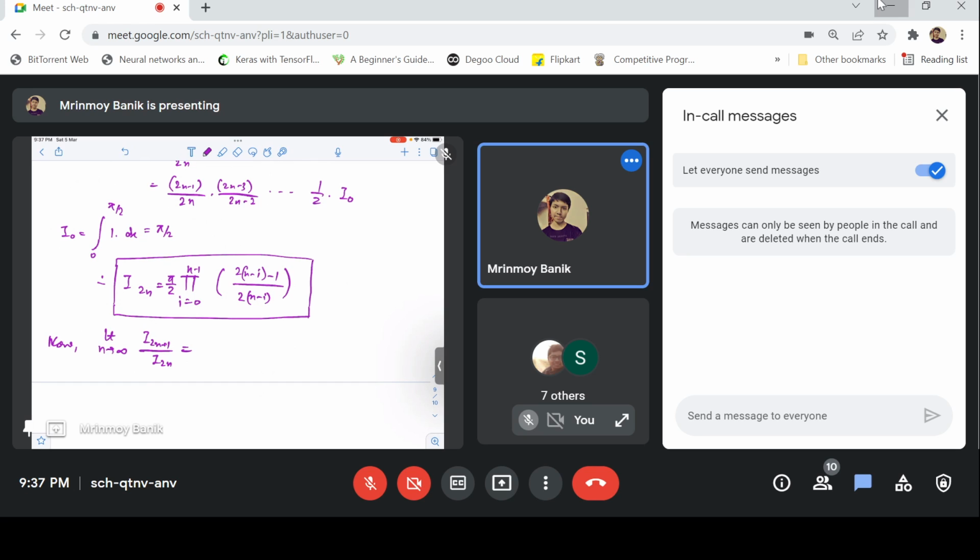Okay, so now we have to show it to be the limit of n. So now we have to somehow introduce e here. So let gn be equal to e power minus n times n power n plus half.